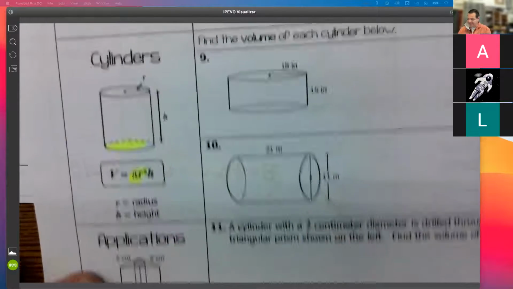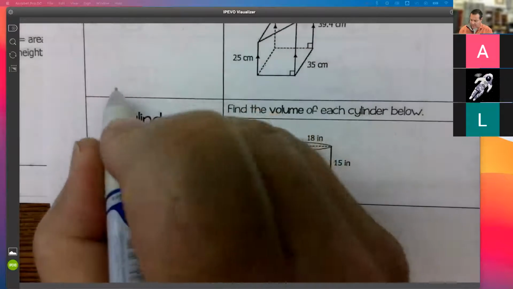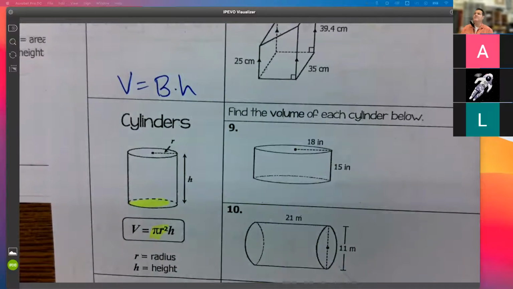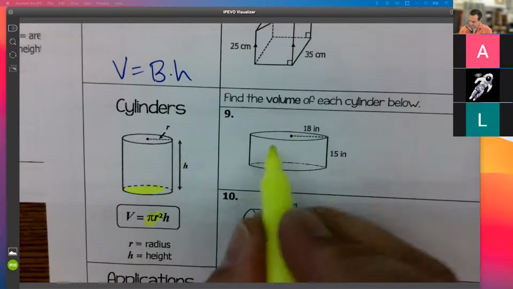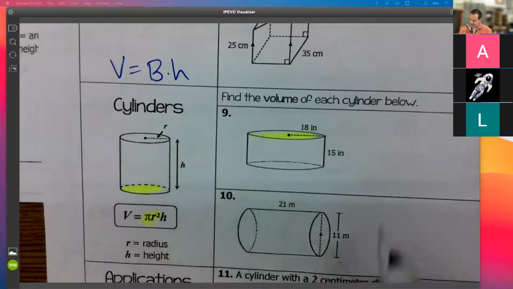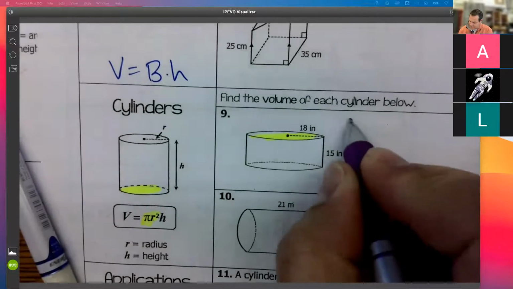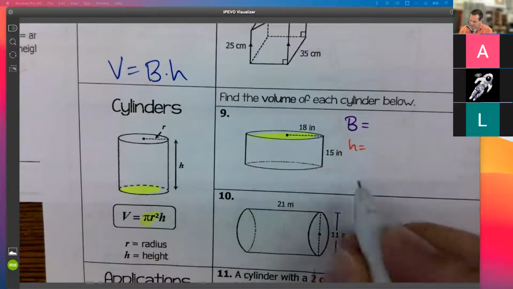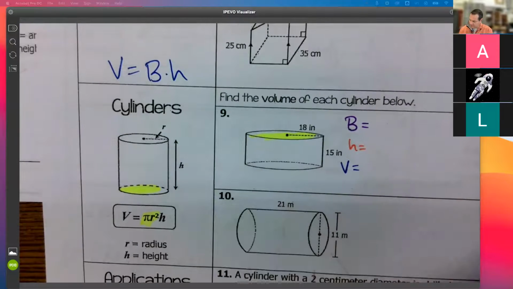So really, they're presenting it as a new formula, and you can use it that way if you want, but it's really still V equals B times H. It's the base times the height. So I recommend we continue for all this page, both sides, to use the same formulas. We want our B, we want our H, and their volume is the product of those.